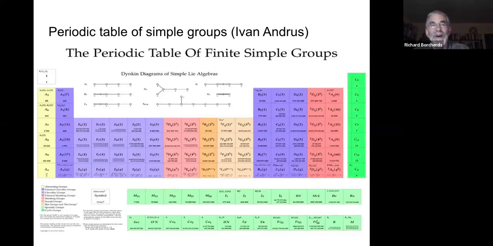Some guy arranged them in a table that looks like the periodic table of elements just for fun. There's no particularly good reason for doing this. The idea is that there are actually 18 infinite families of simple groups, and there's 26 of them left over. The 26 leftover ones are called the sporadic groups.